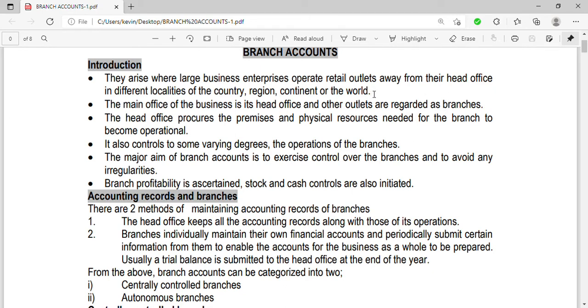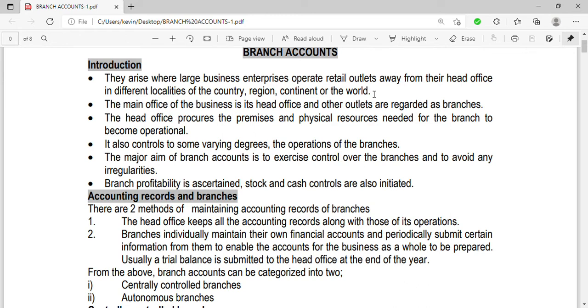A branch can either be a local branch or an international branch. It can either be in the home country or outside the country. That's what we call a branch, and they're mainly operated by large business enterprises.